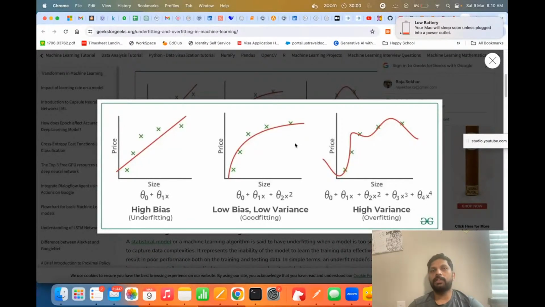Coming to high bias, if it's very generic, like a straight line that you're drawing to gather points which are highly distributed, not like this, but more distributed like this, then we will try to modify the algorithm instead of going for a single degree, first degree polynomial. You go to a multiple degree polynomial. You will try to add more new features.